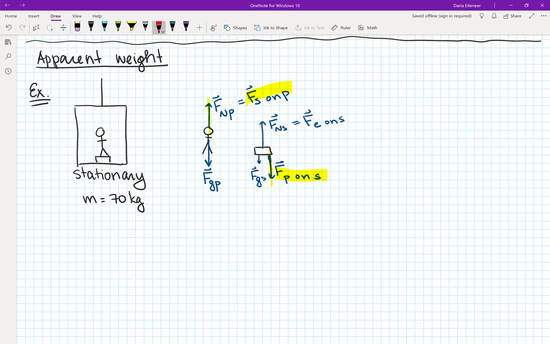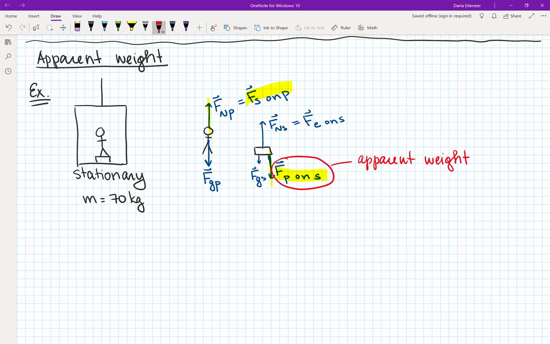Now, this particular force, the force that the person exerts on the scale, is what we call apparent weight. The whole purpose of a person getting on the scale is for them to be able to read their weight, right? That's what scales are for. Pretty self-explanatory. So it turns out that the value this person is reading is a measure of how strongly the person pushes on the scale.